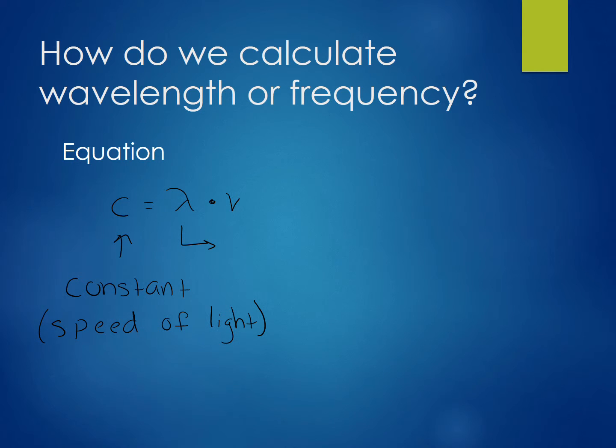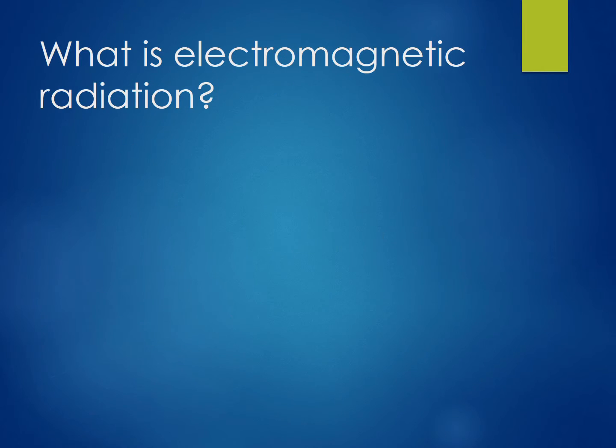Lambda is our wavelength, while this v is our frequency. So you can use those variables to find something that's missing.